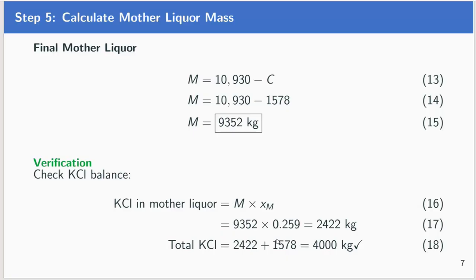Check the KCl balance. KCl in mother liquor is M into Xm, where Xm is 0.259. So 9352 into 0.259 gives 2422 kg. So total KCl, 2422 plus 1578, is 4000 kg, meaning it matches the original KCl.